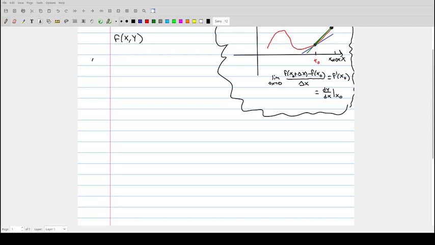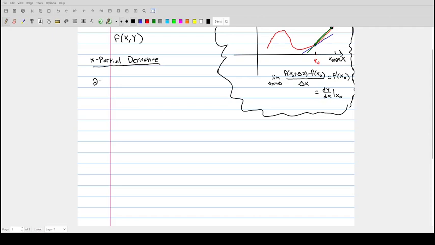So we define the x partial derivative of a function f as follows. The notation is similar to single variable calculus, but also a little bit different.